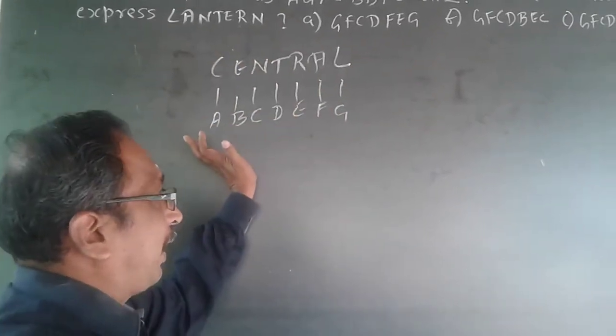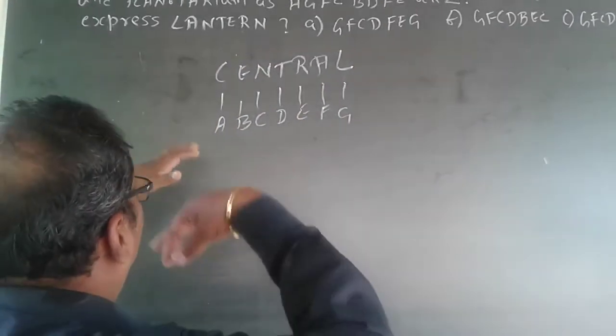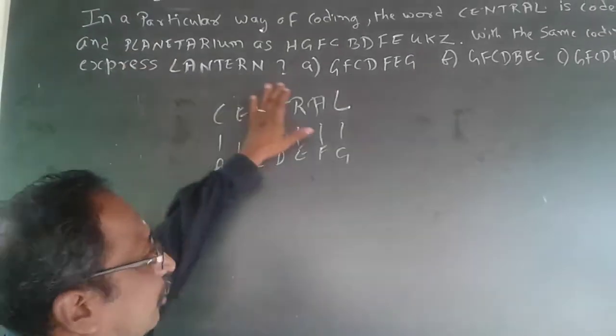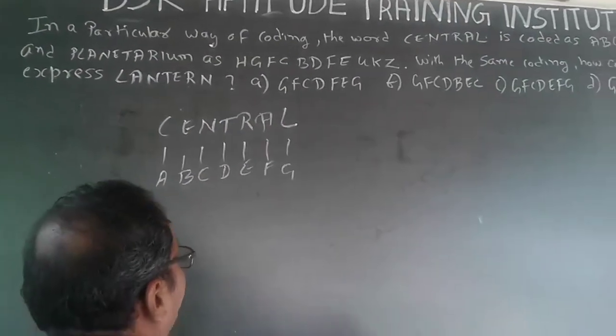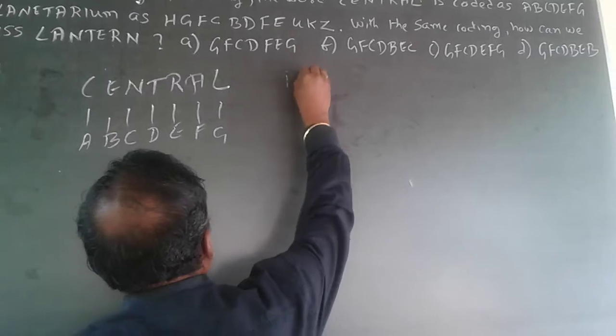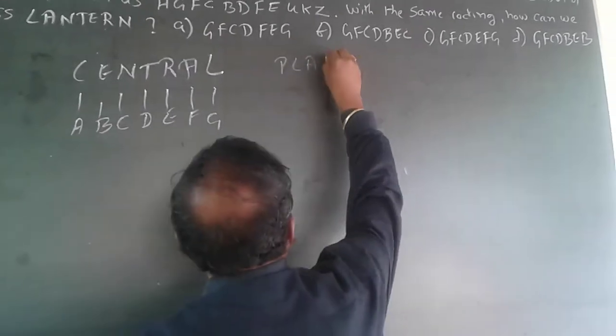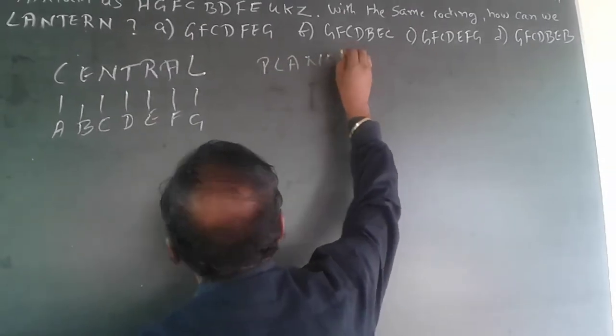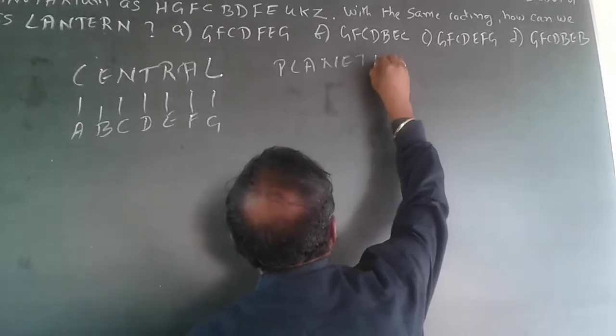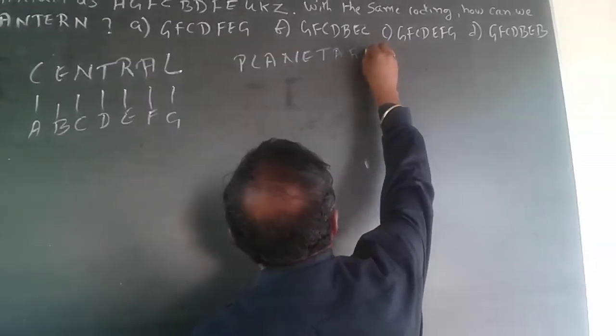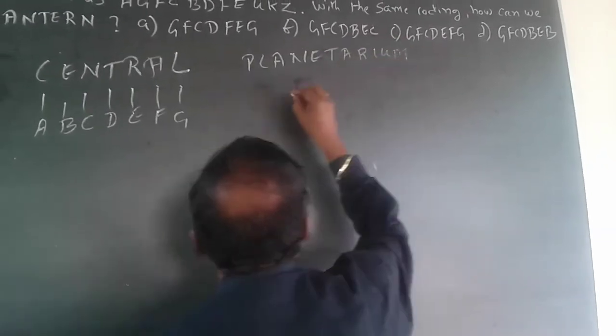See, this could be right, but the only thing is, you will have to ensure that planetarium is also represented the same way. See, planetarium, PLANETARIUM. Now map it.